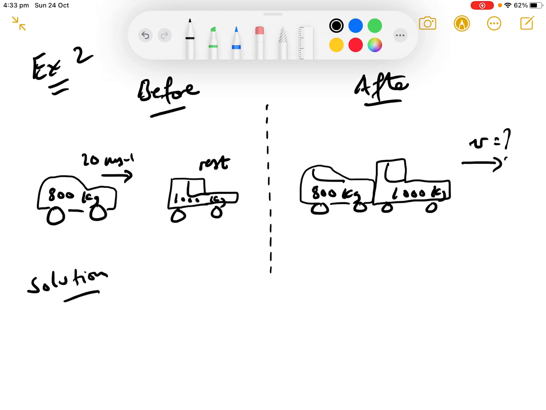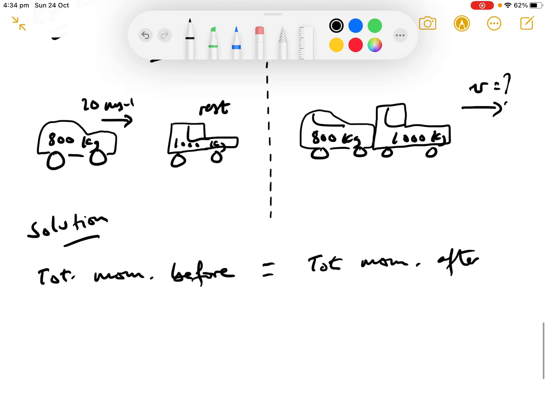Well, the solution, as before, is that the total momentum before the collision will always equal the total momentum after. And when we put that into symbols, M1 u1 plus M2 u2, I'll probably put those in brackets just to be on the safe side there.